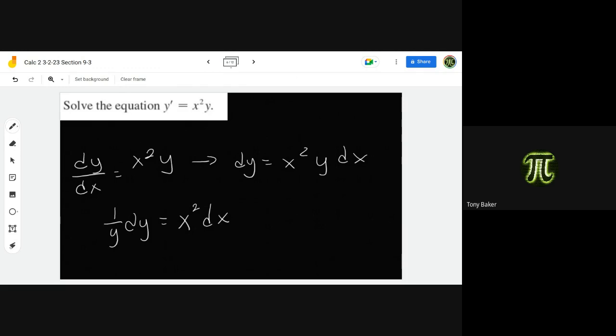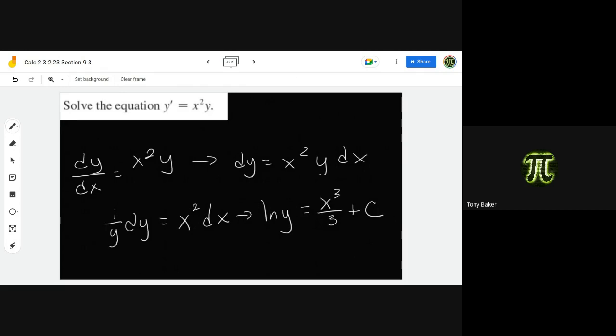Yep. So this side, what's the 1 over y become? Yep. ln of y equals, yeah, I typically put the c on the x side, but like I said, it doesn't really matter. x to the third over 3 plus c.